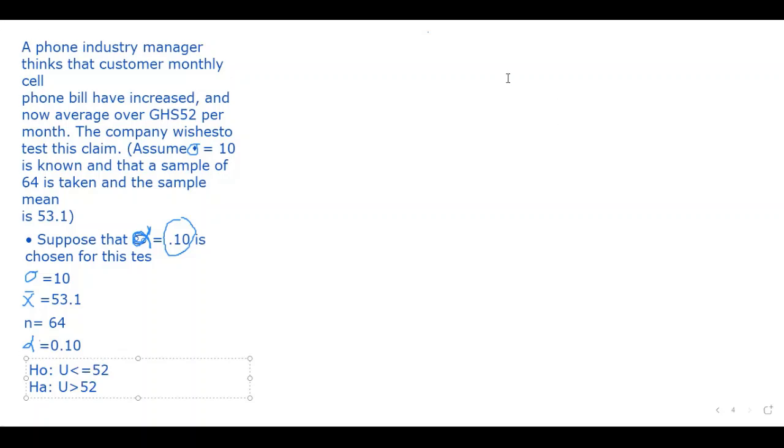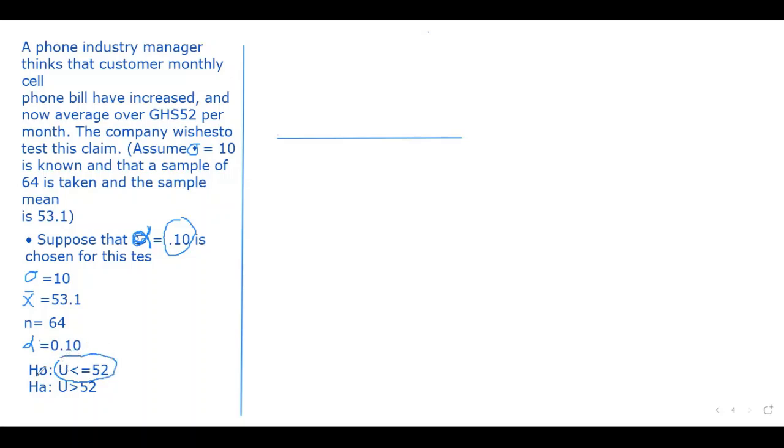Now with this, I told you to determine whether this is a lower tail test or an upper tail test. The H0 is mu less than or equal to 52.